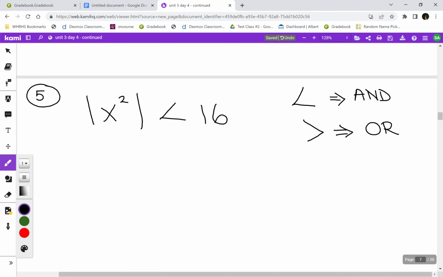Okay, so what does this mean? We need to split this up into two because it's an absolute value. So we're going to have x squared is less than 16, or, oh, no, it's an and, because it's less than. So, and we flip the sign and negate the number, x squared is greater than negative 16.